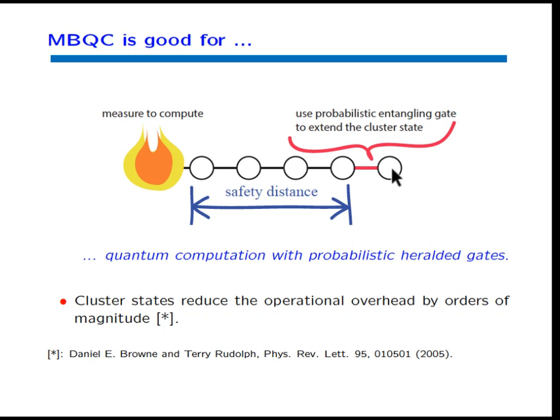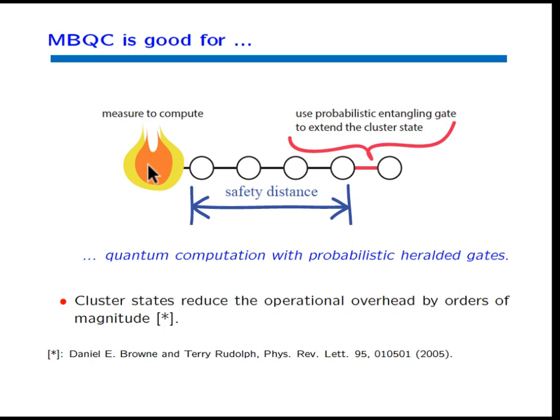Now, when you have gates that sometimes succeed and sometimes fail, there is fluctuation. Sometimes the cluster gets larger, sometimes it gets shorter, and you have a safety distance between adding to the cluster on the right and using up the cluster on the left so that the two sides don't interfere.